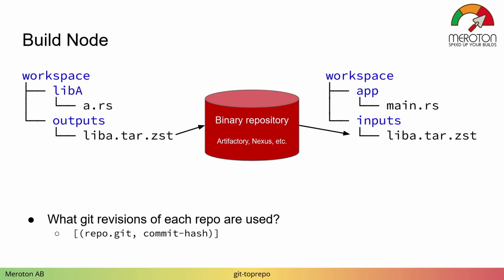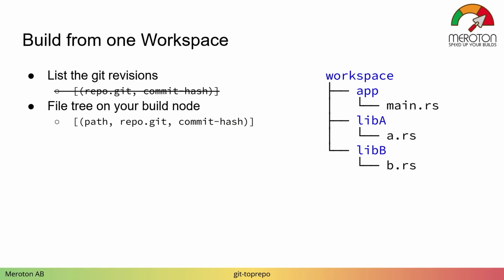So usually you do maybe a Jenkins job or something else, and I have a workspace building my library A, and I store it in some Artifactory, Nexus, whatever, and then I download it to the next workspace and I build my application.